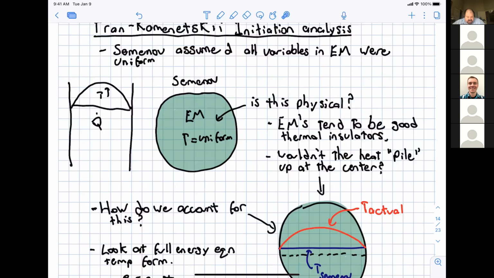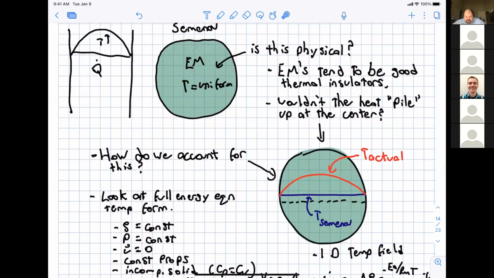So essentially, what you would expect is that due to heating from the chemical reaction, in the Semenov case the Q dot of the reaction would be spread out evenly because the temperature is uniform. Well, you're going to be generating heat, and so even if Q dot is perfectly uniform, to maintain a steady profile, that heat is going to have to conduct from the center out.